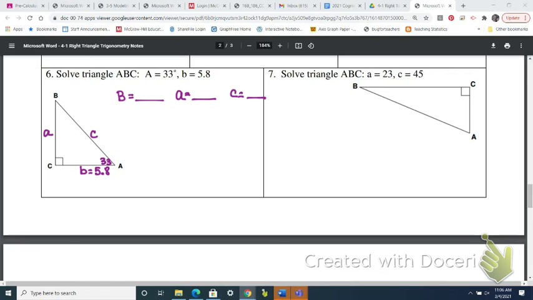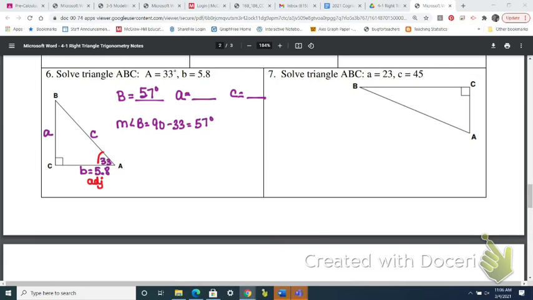I know the non-right angles of a triangle have to add up to 90. So the measure of angle B will be 90 minus 33, which is 57. So now, if I label everything with respect to 33, B is my adjacent. That is the one I know, the one I will always use.